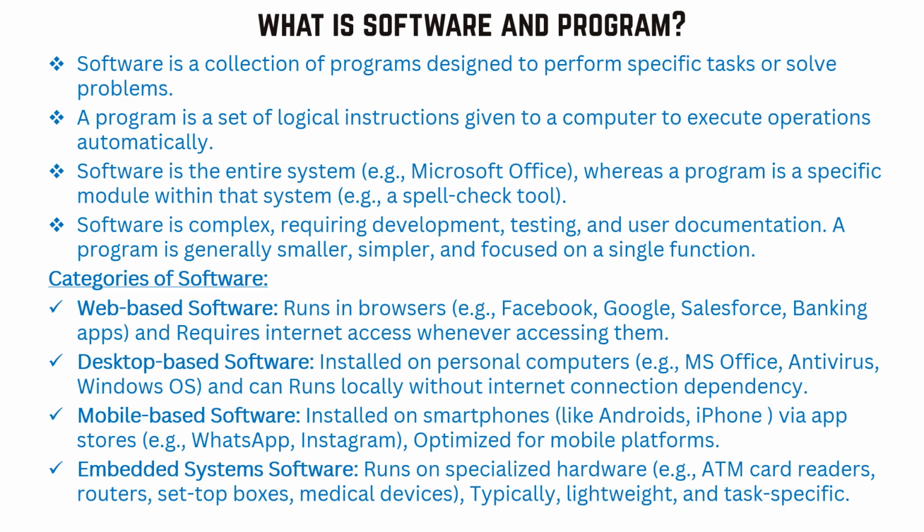Then embedded system software is also there, which primarily runs on specialized hardware, and it is typically lightweight and task specific. A couple of examples of embedded system software are routers, set-top boxes, different medical equipment or devices, and ATM card readers. So these are the embedded software which run on specialized hardware.